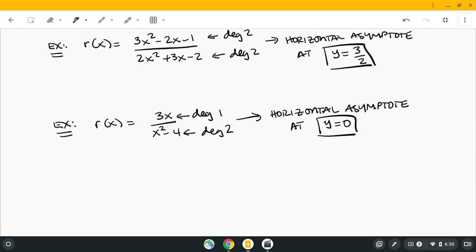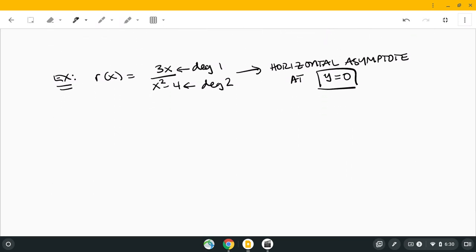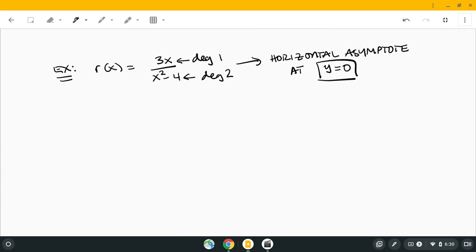Okay? Because the third case, you don't have one. If it's a larger degree on top, there is no horizontal asymptote.